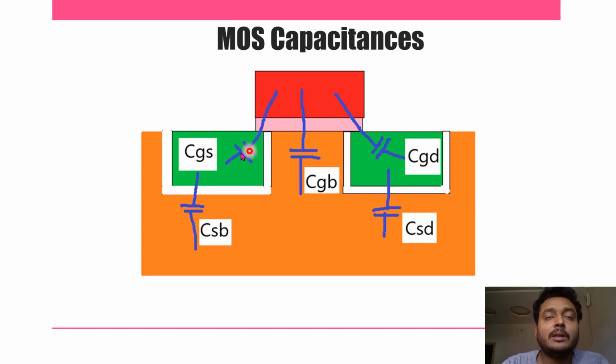We call that the capacitance between gate and source, CGS. Similarly, a capacitance exists between the gate terminal and drain terminal, that is CGD.